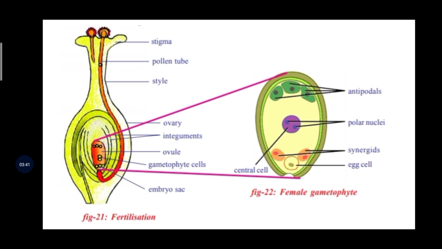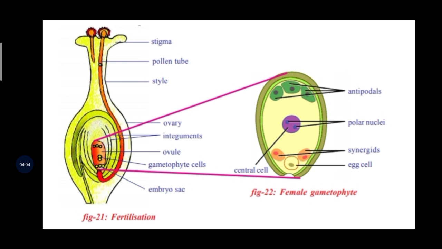And the female gametophyte, you see that it has 7 cells with 8 nuclei. In the basal part, if you observe, the egg cell will be in the center. On either side of that we are able to find the helper cells or synergids. They help the first male gamete to fuse only with the egg cell.